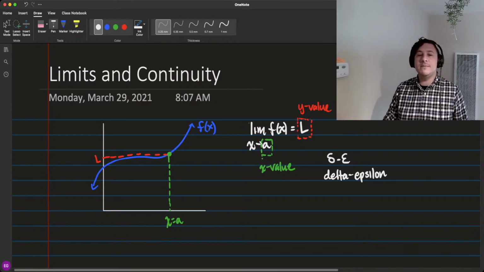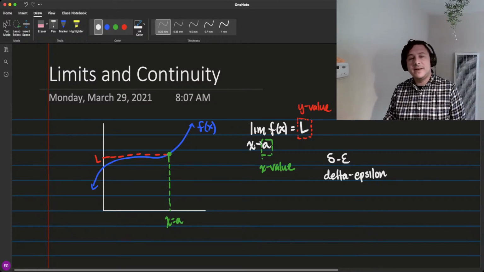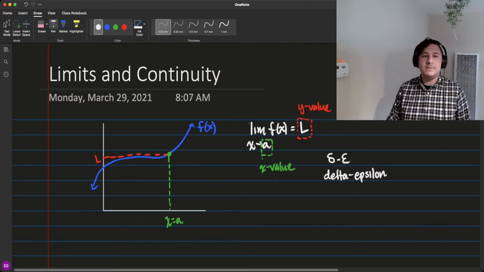Okay, so what does it mean for the limit of f of x as x approaches a to be equal to L?